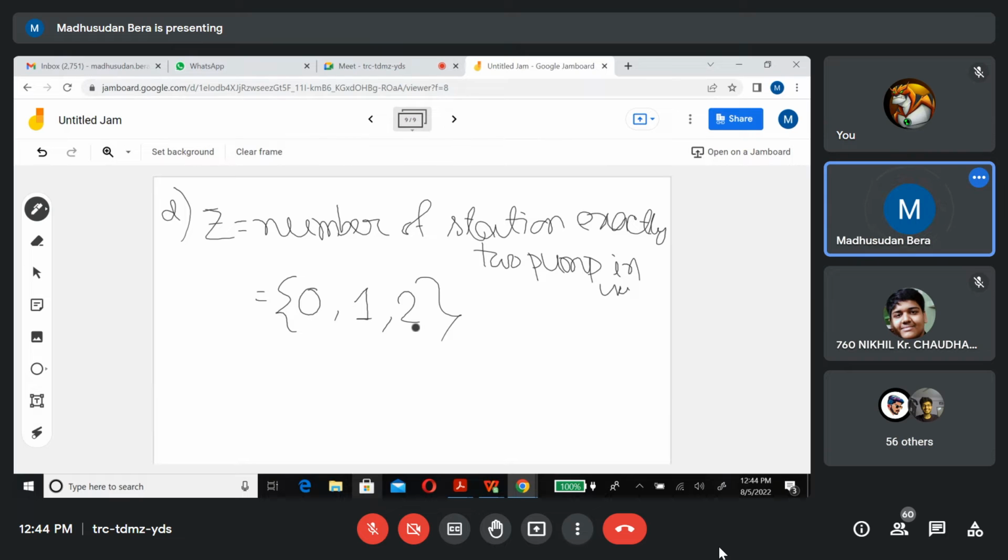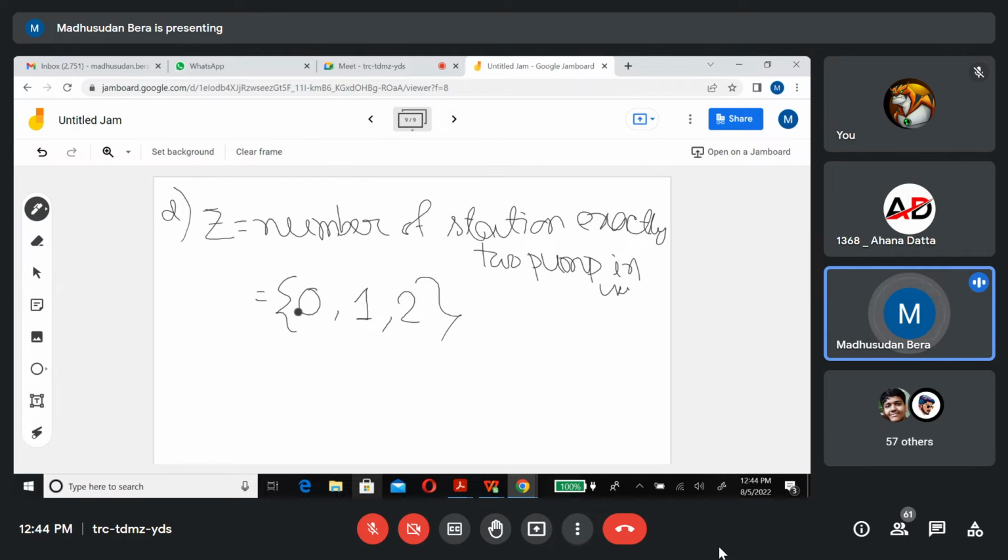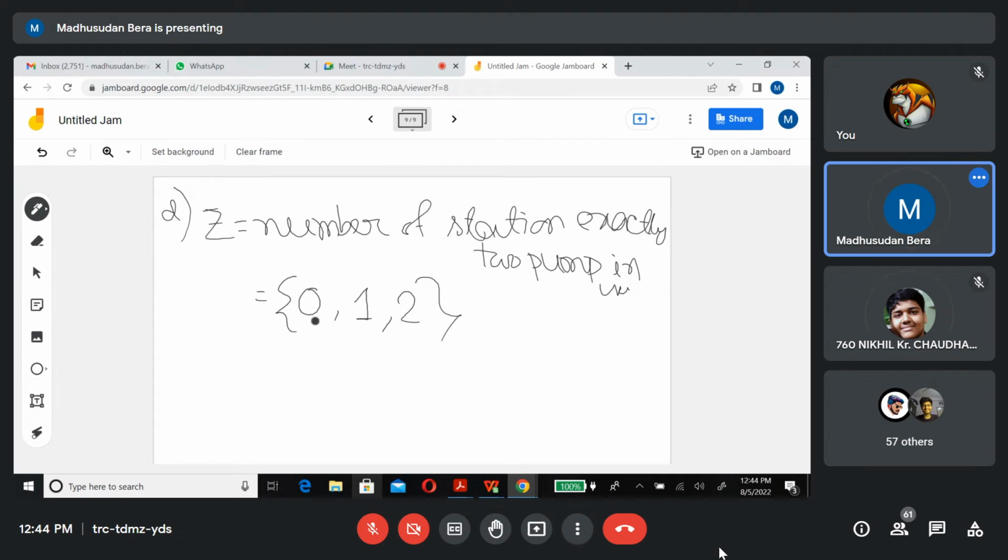Station 1 has 2 pumps working, but station 2 exactly not 2 pumps working, so that case it is 1. Same way we will get 1, and both the stations exactly 2 pumps are not working, that case it is 0. So Z takes value 0, 1, 2. Is that okay?